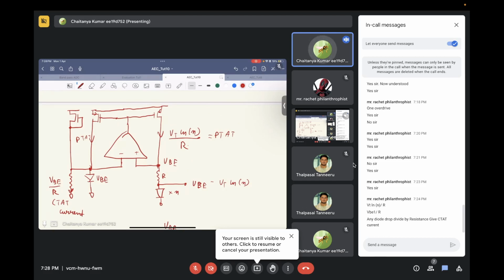Give me a minute. So we have generated CTAT and PTAT currents. We need to add it somehow. Let's say how we can do that.